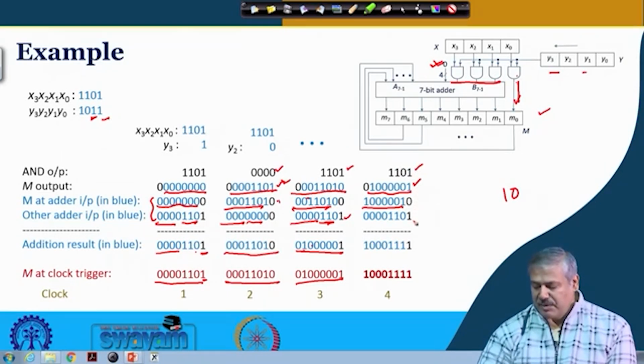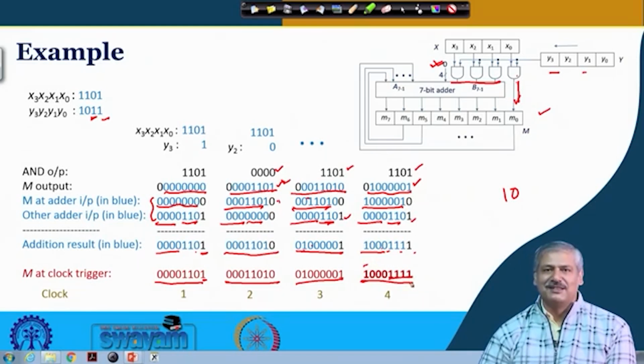This 1 is coming directly over here, and 110 and 4 zeros, that is participating in the addition. So, what we get is 1, 1, 1 and 1, and these 3 zeros and 1. After the clock trigger, this is the adder output, this is the value that we get. This one is 128 and these 4 ones are 15, so 143.